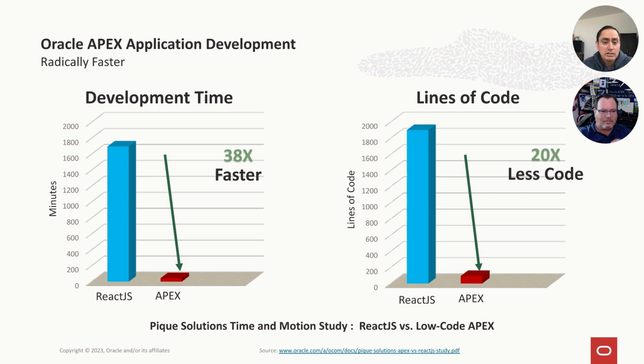What you saw was Apex was 38 times faster than React.js in terms of just development time, and required 20x less code in terms of pure lines of code being written to build the same application. So across the board, Apex is more productive and required less programming knowledge from the developer to build the same application capabilities for their business use.